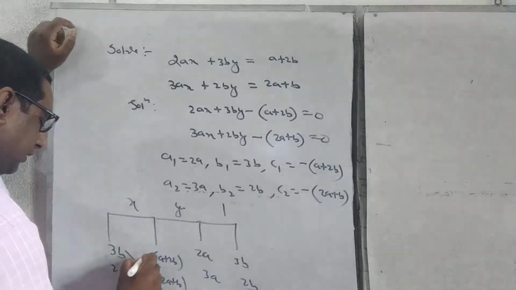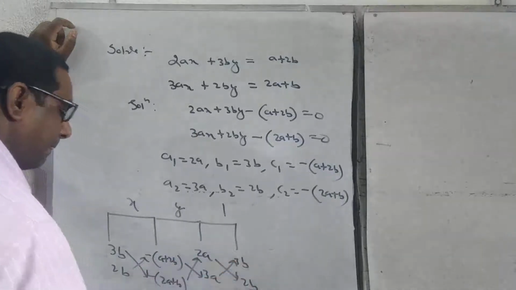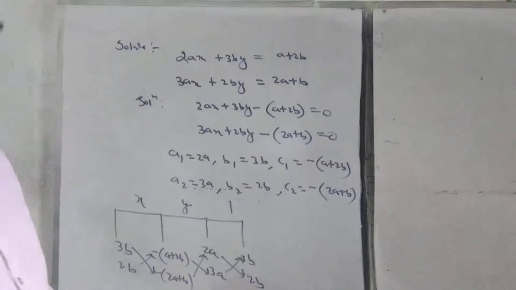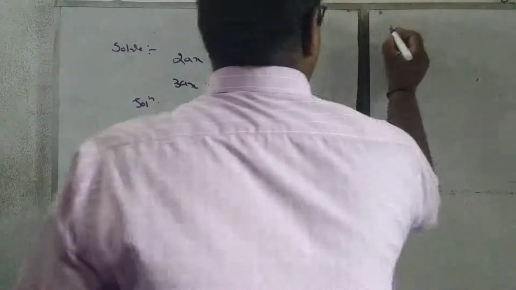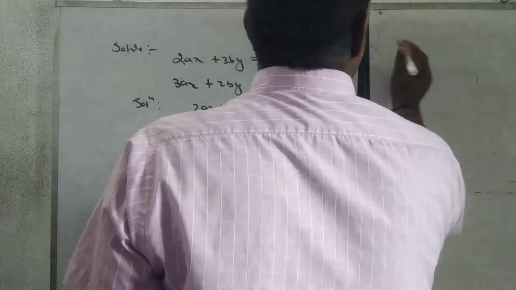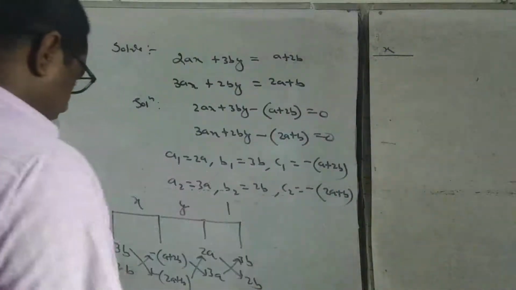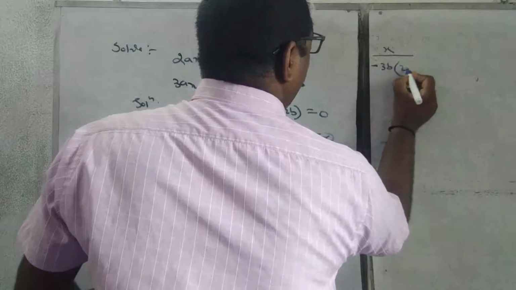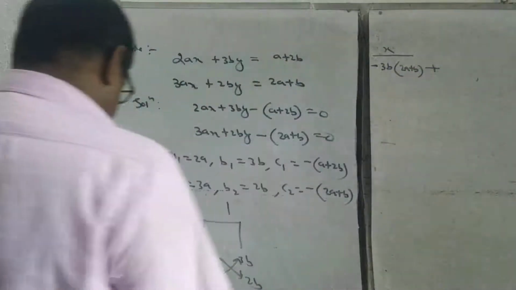So cross multiplication. Now, what is the denominator term of x? So this is minus 3b into (2a plus b). Minus minus plus.